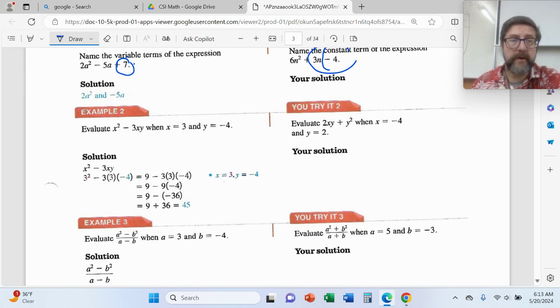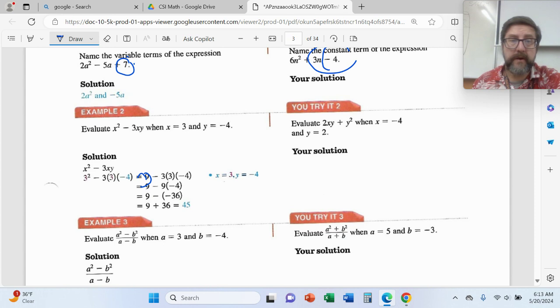Evaluate x squared minus 3xy when x is 3 and y is -4. Okay, so we'll just plug in 3 squared, which should be 9. So we have a 9 right there for 3 squared. Then we take 3 times x times y.